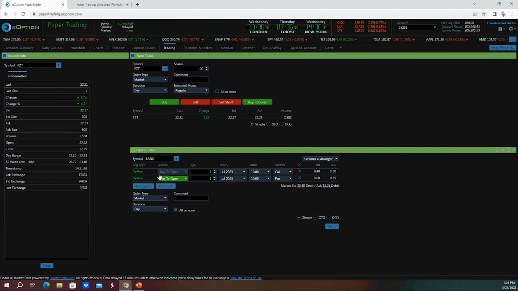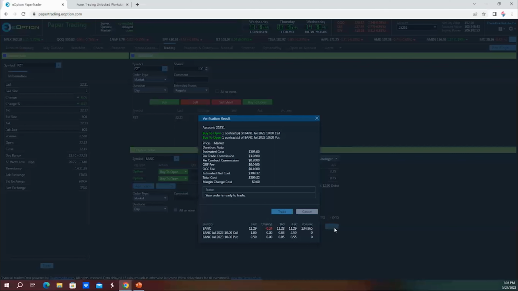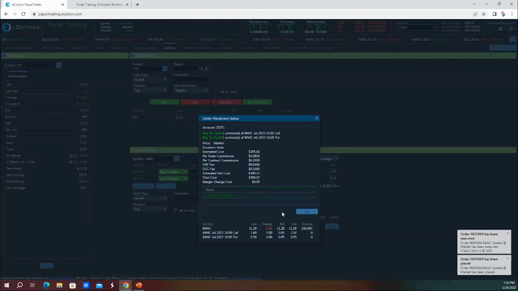So we have a buy to open 1 July $10 strike price call. Okay, and we have also a buy to open 1 July $10 strike price put. Okay, so we're buying both of these. So we verify this, and that cost is $309.